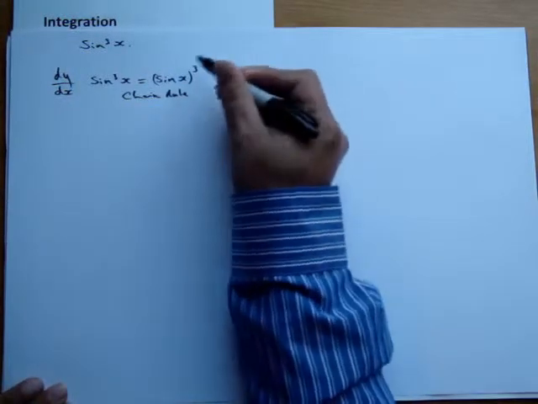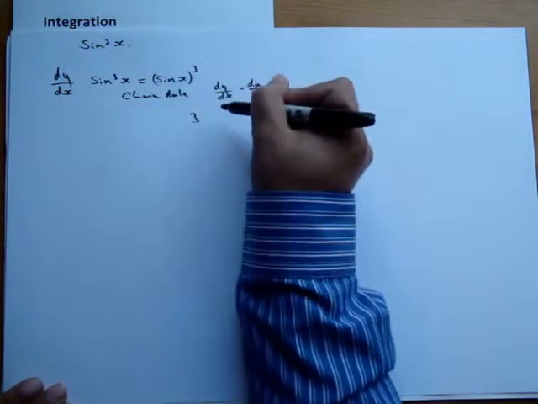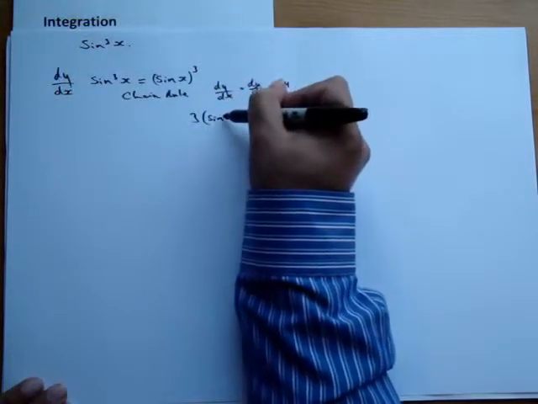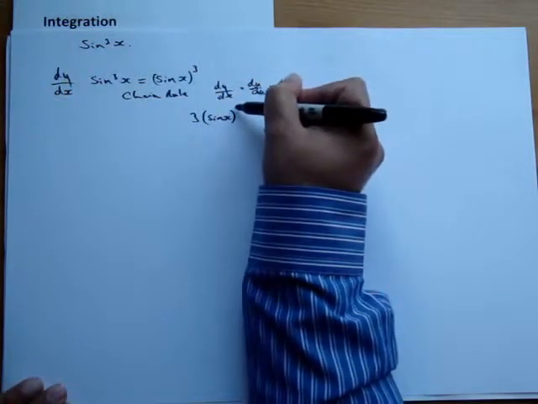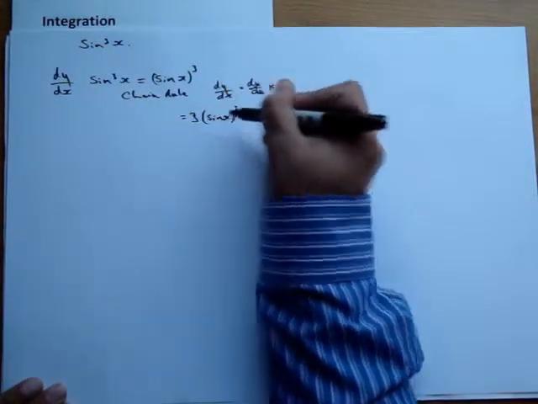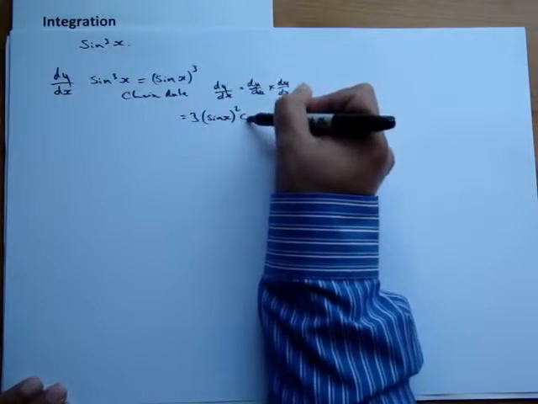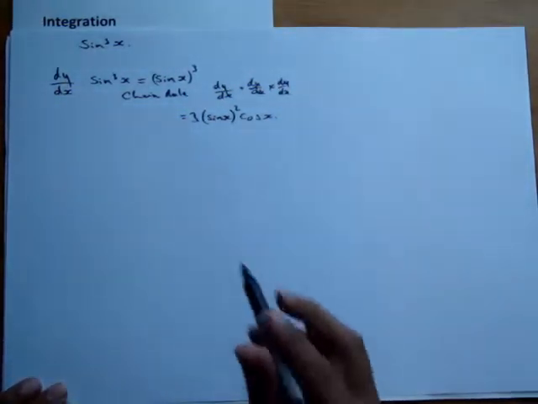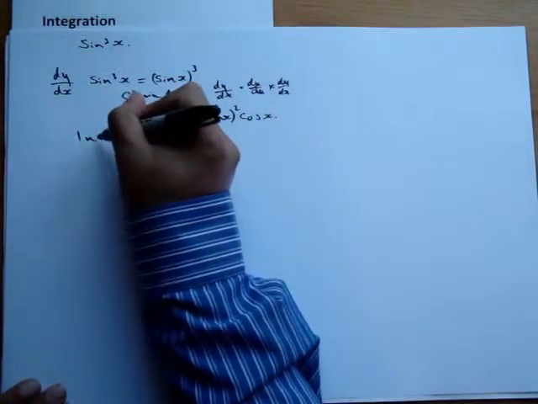We bring the 3 down, then the sine x, decrease the power by 1, and then differentiate what's in the brackets, and that is cos x.